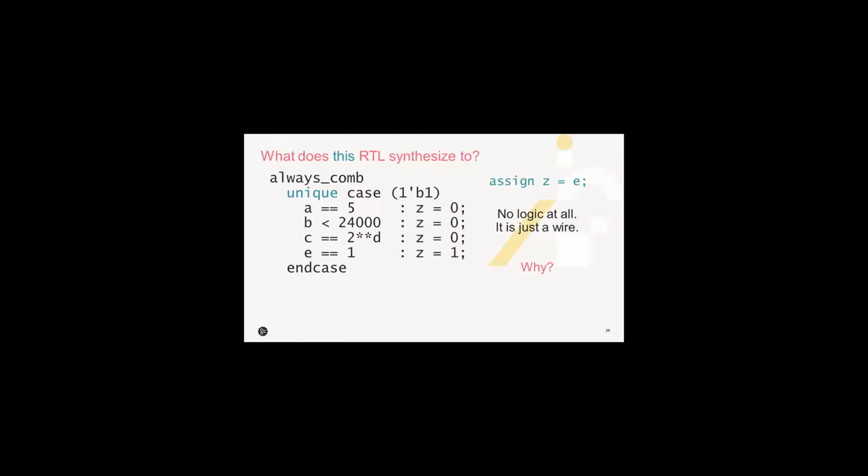The unique term there is telling the synthesis tool only one of these conditions can occur at once. So in the bottom row you can see E equals 1, and that necessarily means that the three above have to be 0. So Z is always the same as E, and the synthesis tools are perfectly capable of coping with this. So that's why they optimize just to a wire.